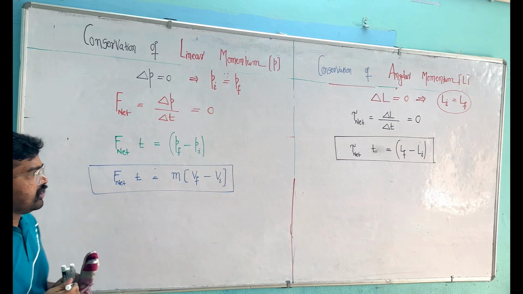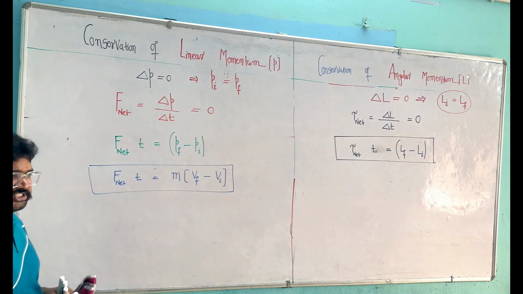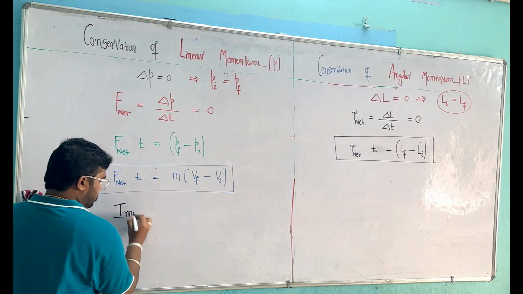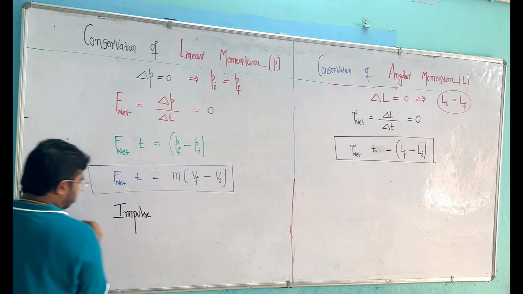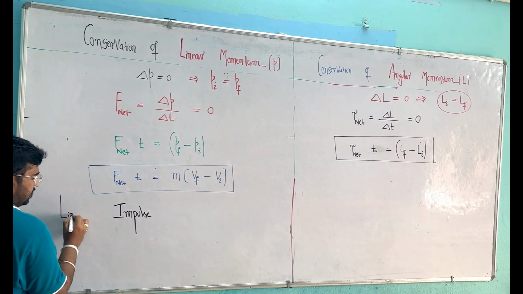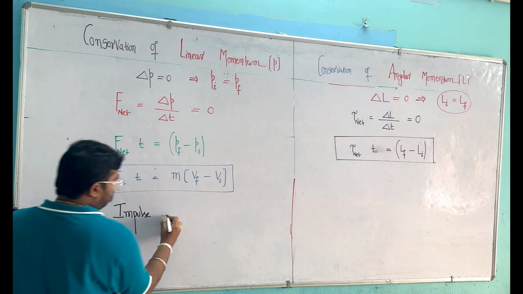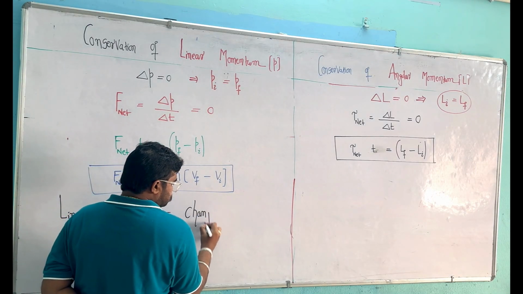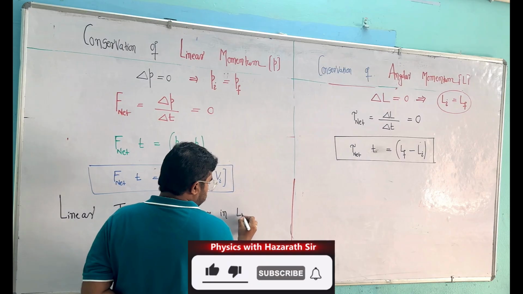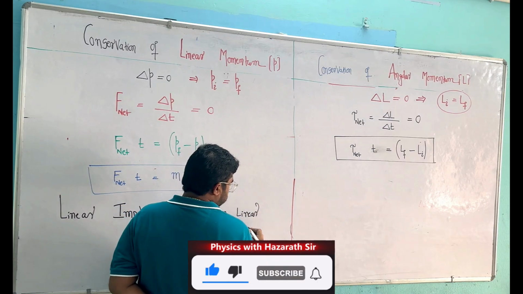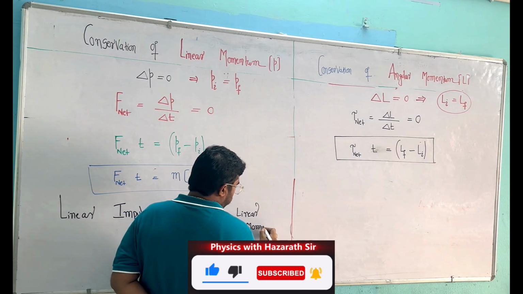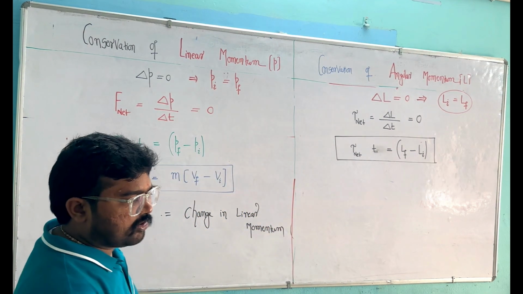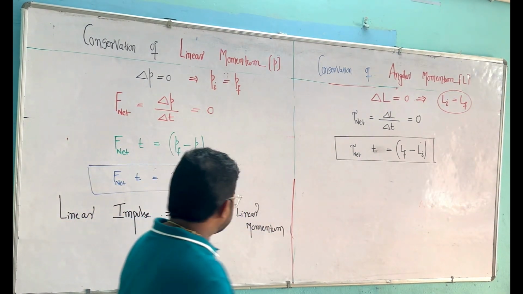So this is called impulse equal to change in momentum. We can call it linear impulse equal to change in linear momentum.